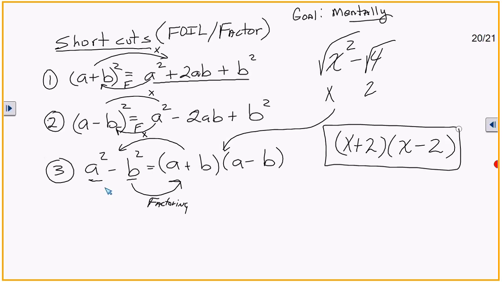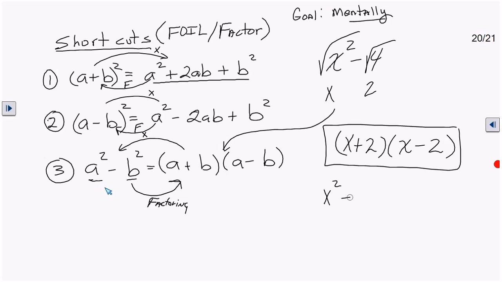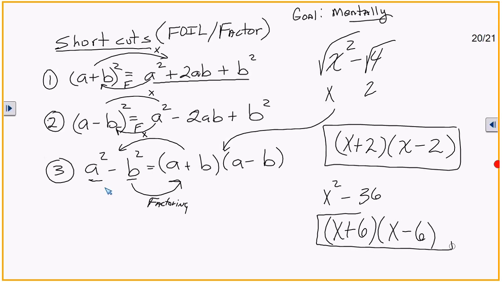If I had x squared minus 36, that would be x plus 6, x minus 6. And see, you can already start doing that one in your head because you know the square root of x squared is x, and the square root of 36 is 6. So that one, number 3, is not a hard one to learn.